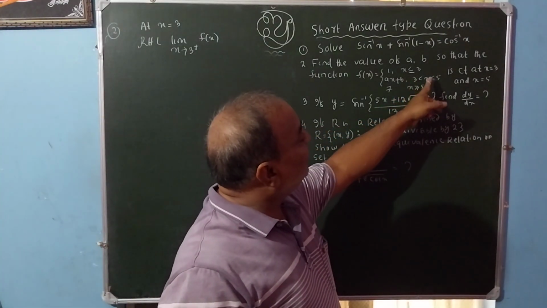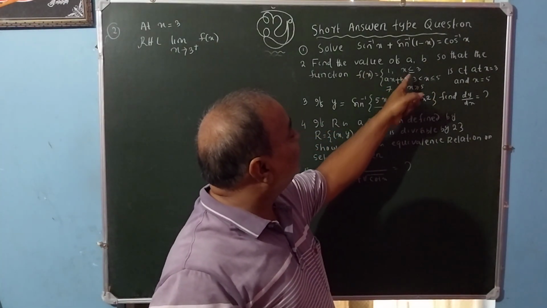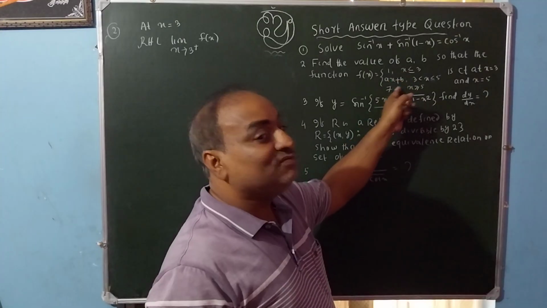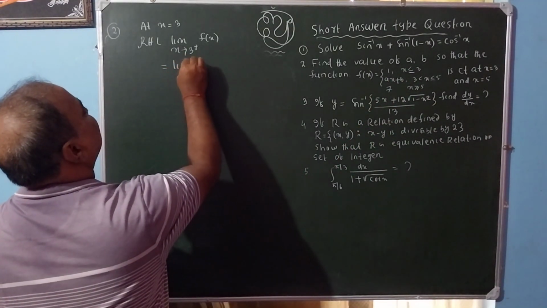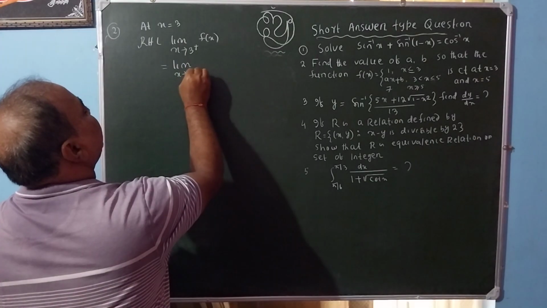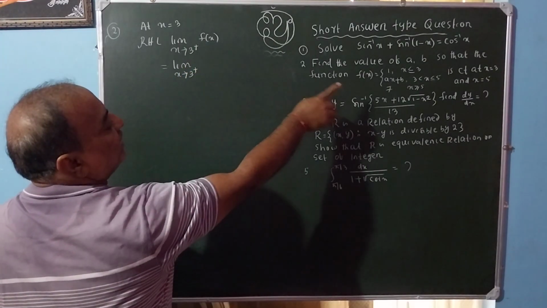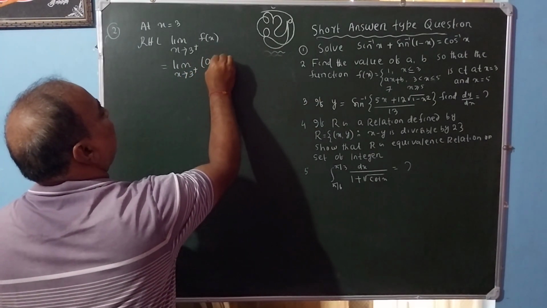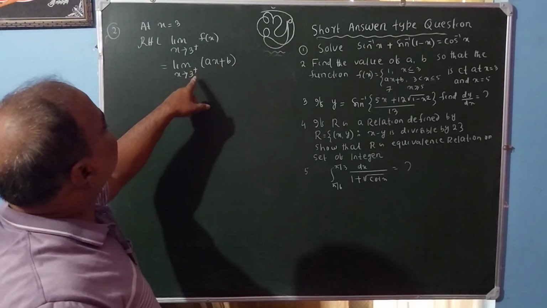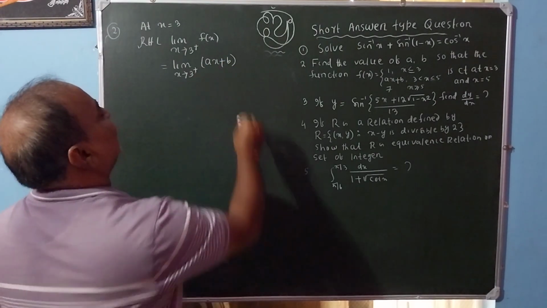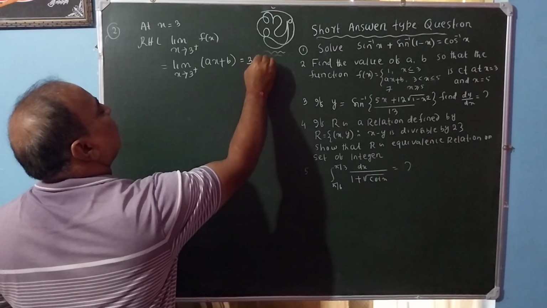When x is greater than 3, the value of f(x) is ax plus b. So we write limit x tends to 3 plus of ax plus b. We put x is equal to 3 here, that is 3a plus b.